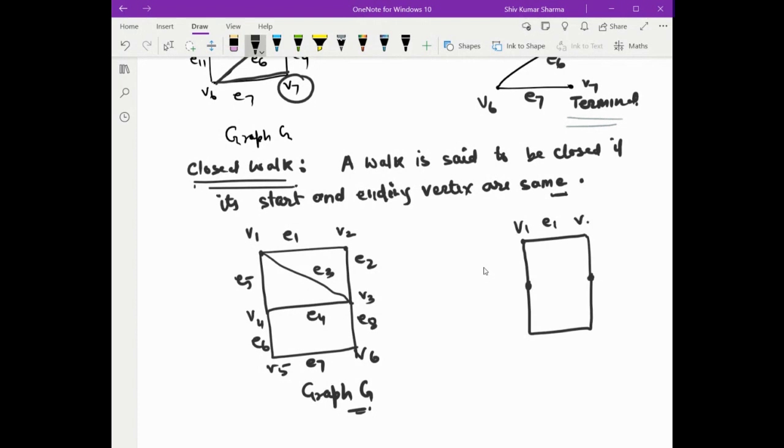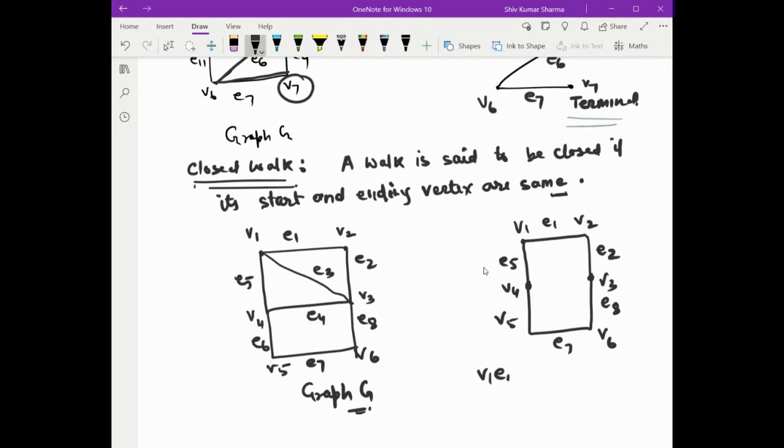So this is V1, E1, V2, E2, V3, and we visit V8, and here V6, E7, and V5, and this is V4 and E5. So we make a finite alternating sequence.